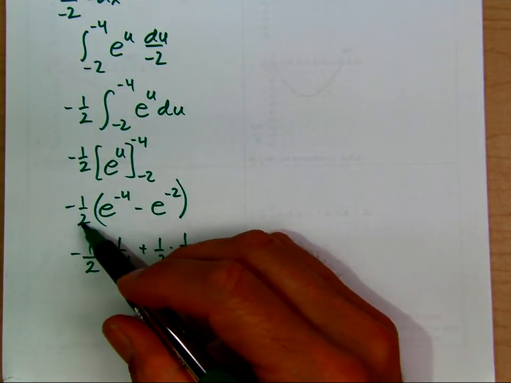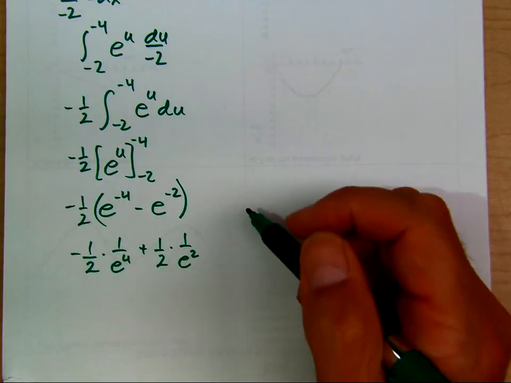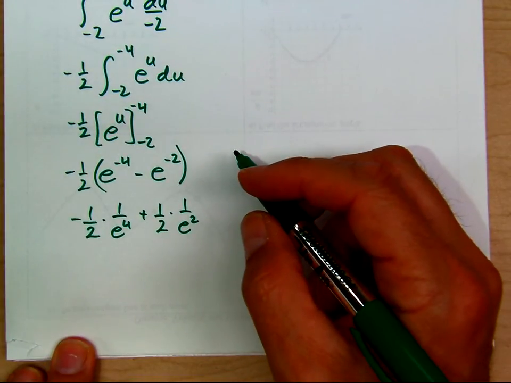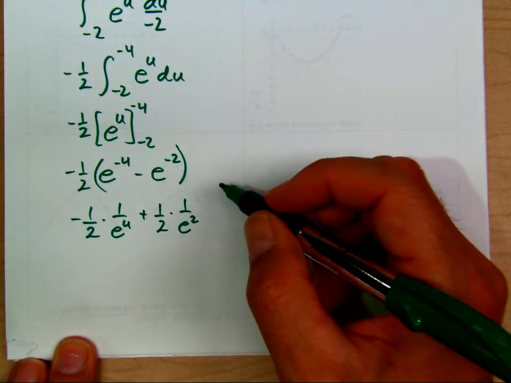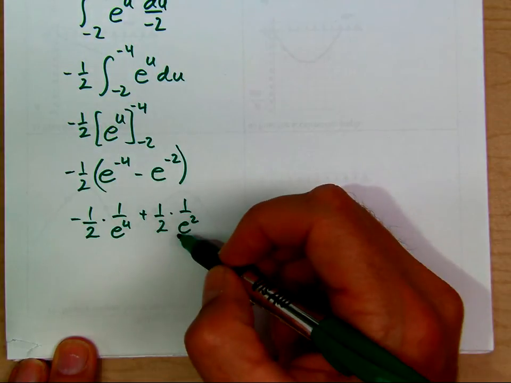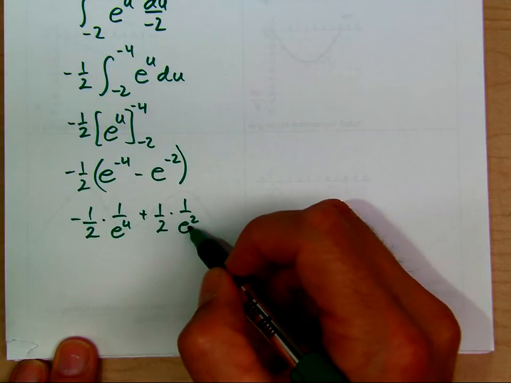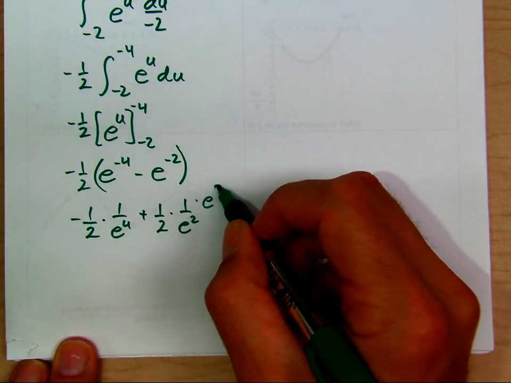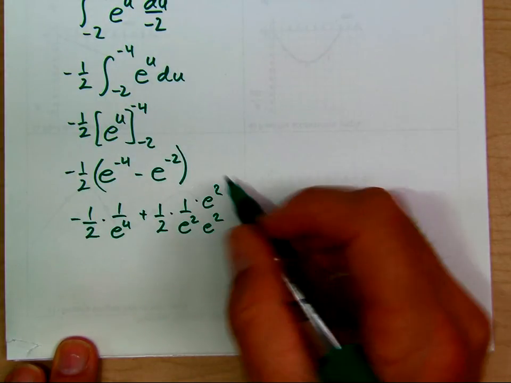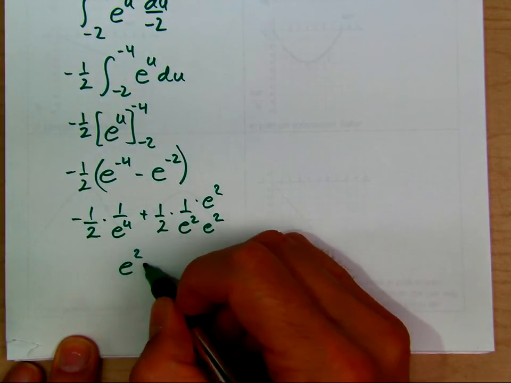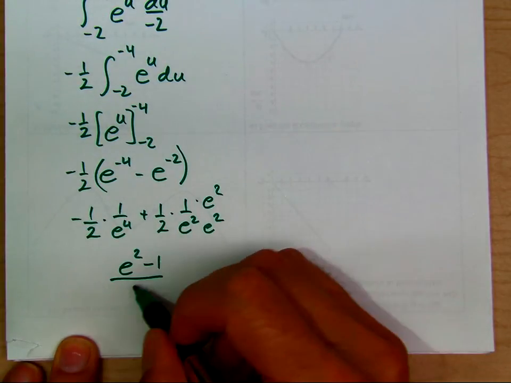We're going to distribute the negative 1/2. It'd be nice to put this as one rational expression instead of two terms. So we'll get a common denominator. We have 2e to the 4th, 2e to the 2nd. We just have to multiply by e squared. And now we'll have a negative 1 plus e squared, and then 2e to the 4th.